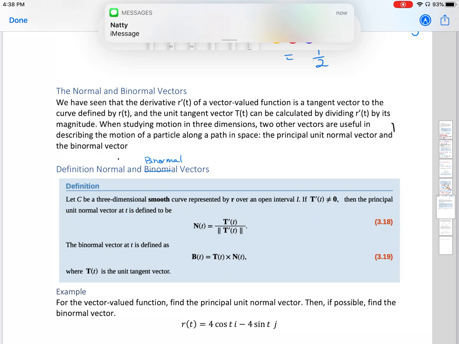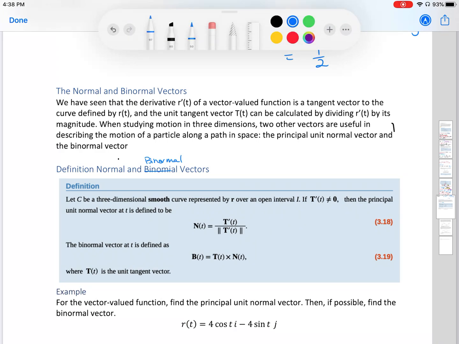The binormal vector of t is defined as B(t) equals T(t) cross N(t), where T is the tangent vector.